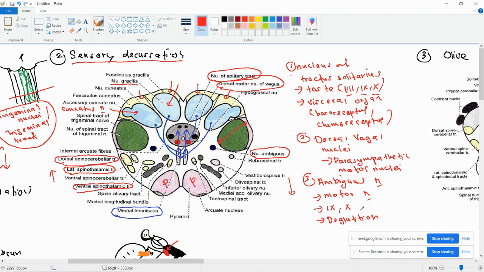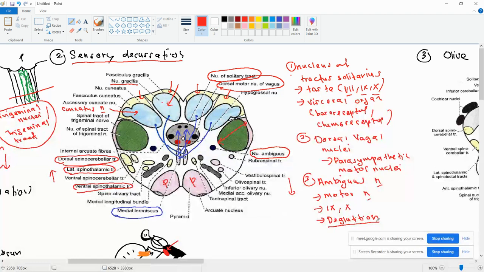That's why if you have any lesion in your medulla oblongata, maybe a lesion at your nucleus ambiguus, maybe you have trauma, a blood occlusion, or a tumor compressing your nucleus ambiguus, right? So you have a problem with deglutition.